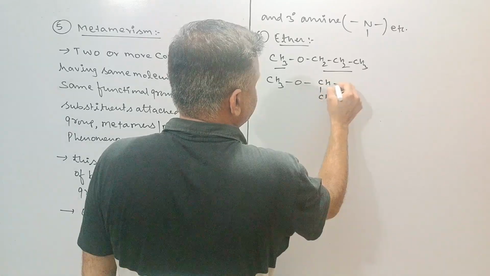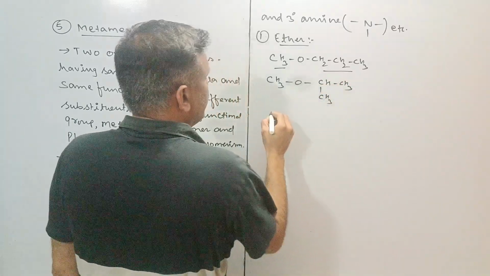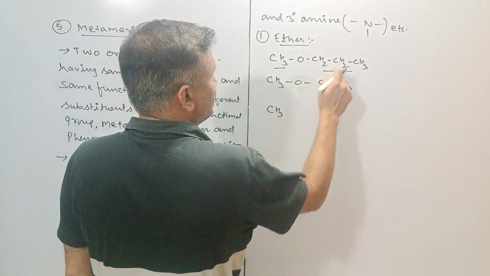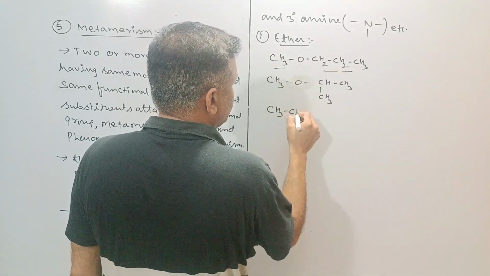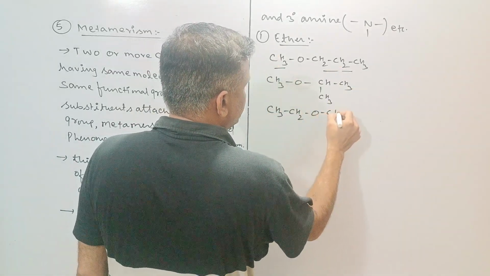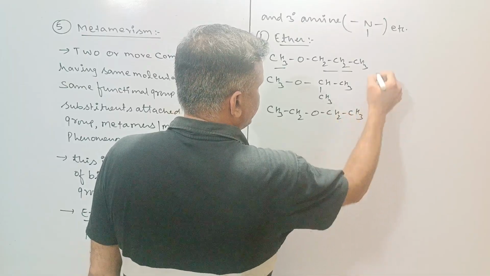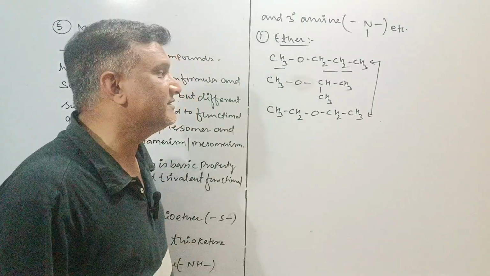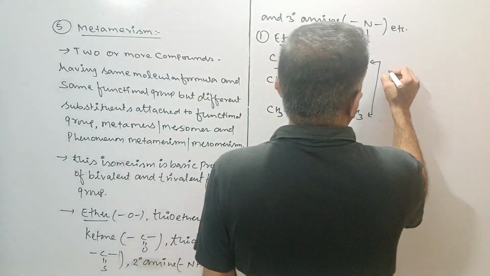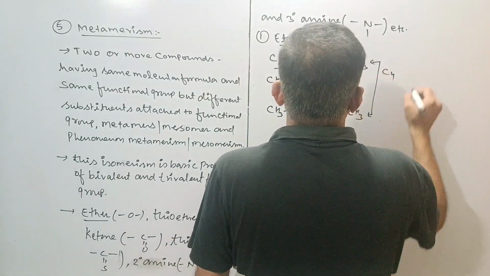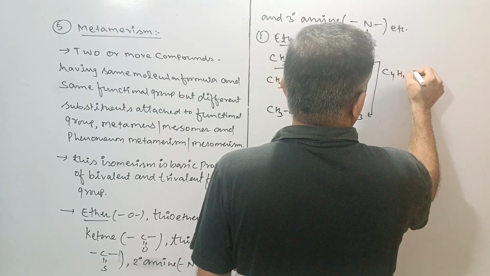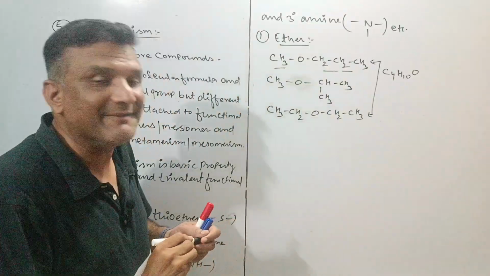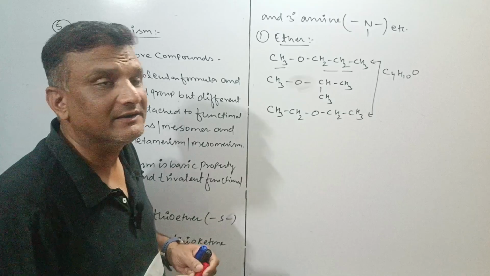So this will be changed in substituent. Now exchange one of the CH2: this is CH3OCH2CH3. Both exist with the same molecular formula and the same functional group, C4H10O.